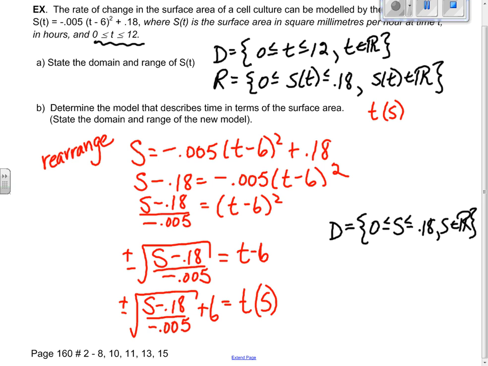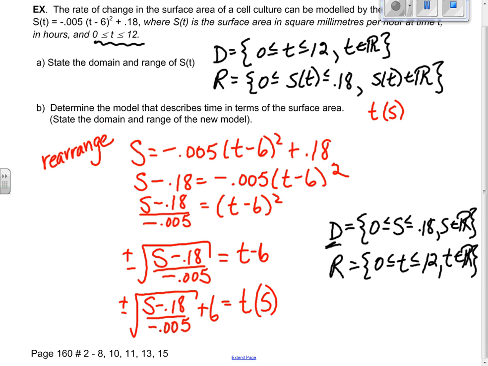It is now the same letter, but it is under domain. It has been exchanged. The range is the letter t, and it looks like what the domain used to look like. If your range and domain have been interchanged, it is an inverse function.